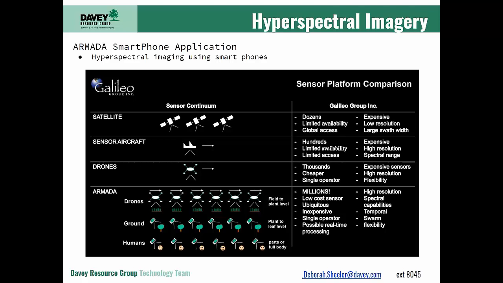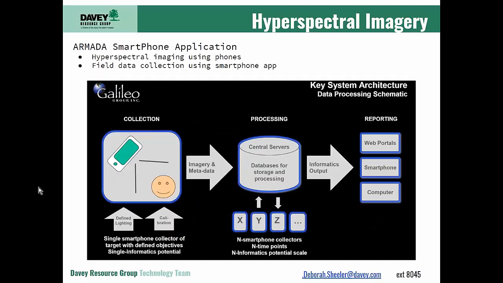Go ahead and move to the next slide, Justin. On the second slide, you'll see an example of how the application would be applied. The hyperspectral imagery application that Galileo has built utilizes the phones to capture imagery and push the data up into the cloud, into a library that has the spectral characteristics, and then provide results back in near real time.